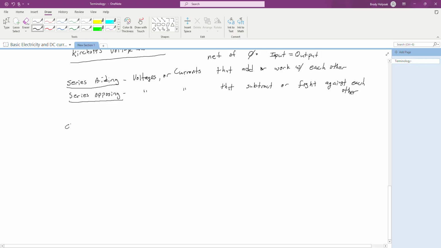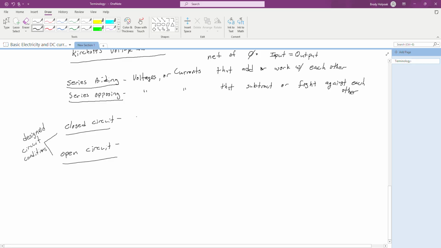Next one we're going to talk about is a closed circuit. So we got a closed circuit and an open circuit. Okay, these are circuit conditions. These are designed. So designed circuit conditions.